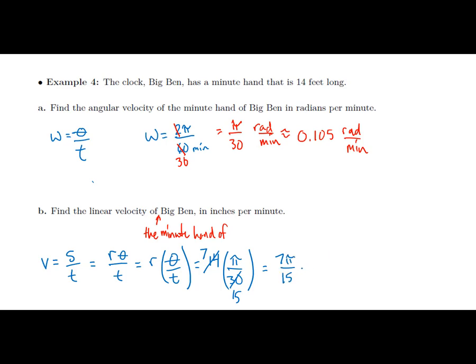And let's think about what the units are. 14 is in feet, and the pi over 30 is in radians per minute. So this should be feet per minute. Now let's stop for a second. 7 pi over 15 feet per minute. We might want to get an approximation here, but let's notice what it asked for.